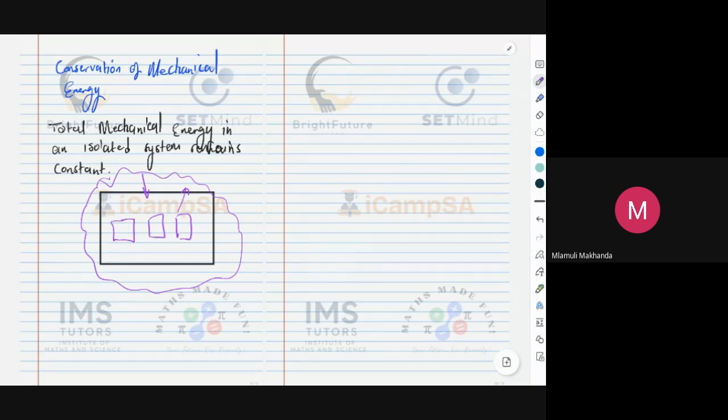So what is mechanical energy? What this is telling us is that the mechanical energy at the top is going to be equal to the mechanical energy at the bottom. So let's say we have a path or a mountain like this, right?